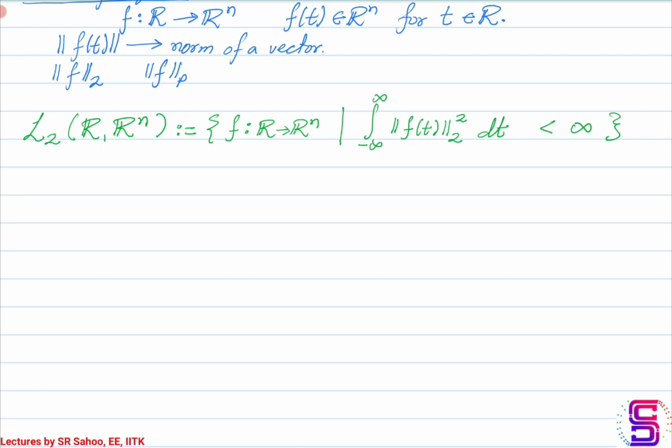Okay, so suppose you have a function with you. What you do is you calculate the 2 norm of the function at a given instant of time, and then you square it. Once you square it, you take an integration of this particular expression over the interval minus infinite to infinite.